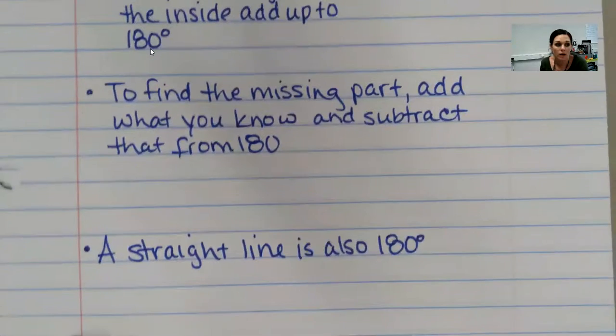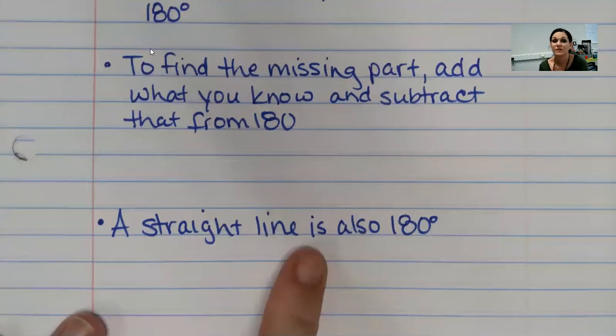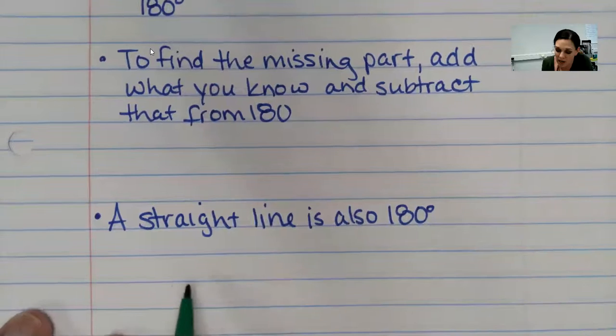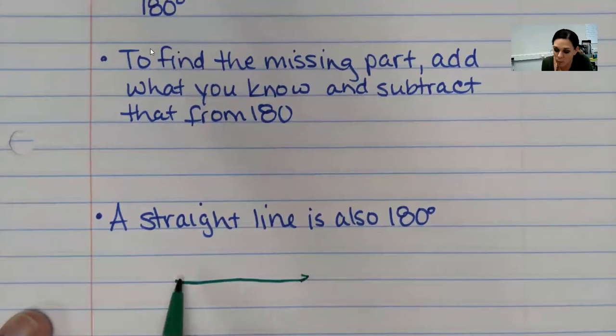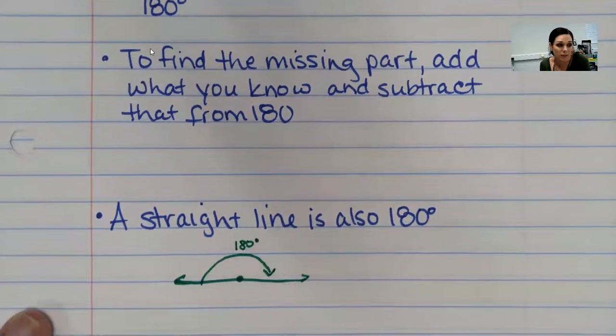What we also have to understand is a straight line is also 180. If I took the three angles of the triangle and pushed that top corner down, I would be making a straight line. If I go from one spot to the other along that arc, there is 180 degrees tied to it.